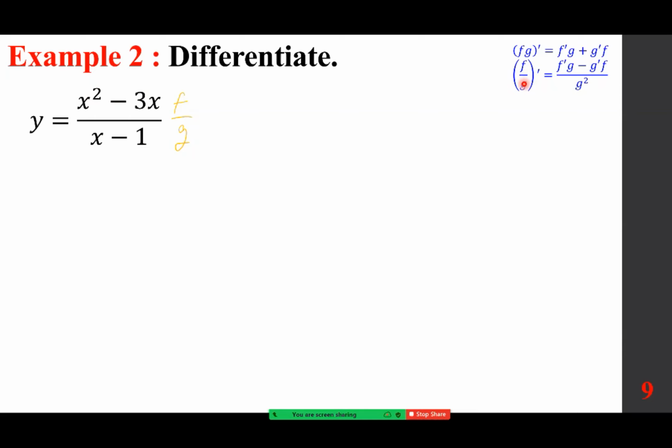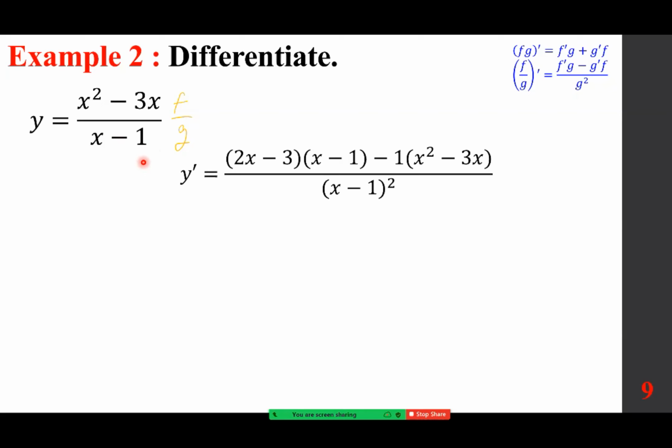So I'm going to need f prime, which is 2x minus 3, times g, which is x minus 1, minus g prime. The derivative of the bottom is simply 1 times f, the numerator, which is x squared minus 3x. And then in the denominator, you just write the old denominator and square it.